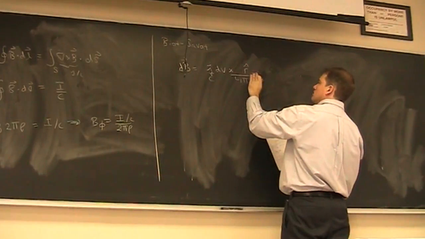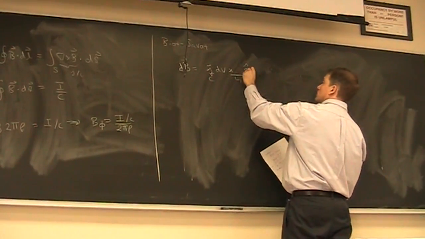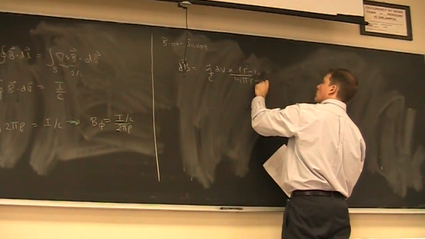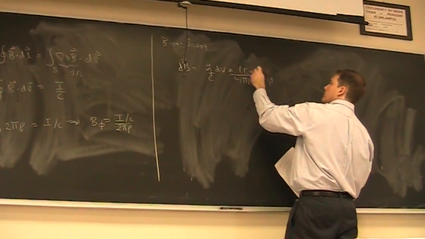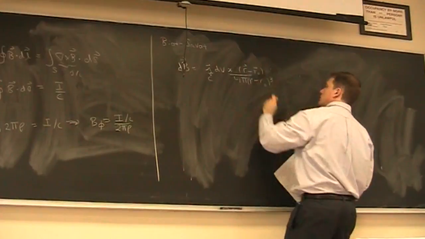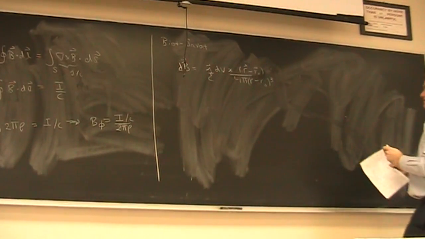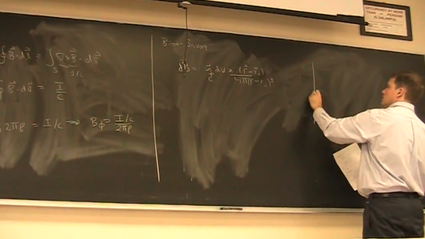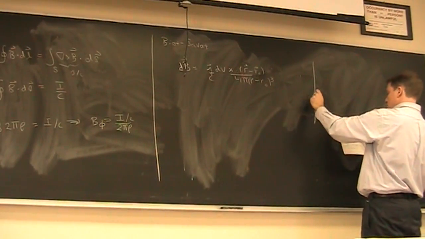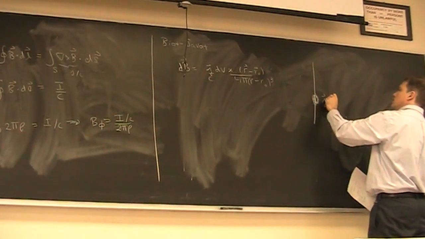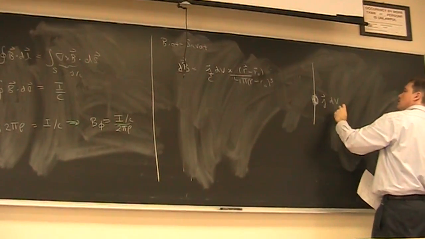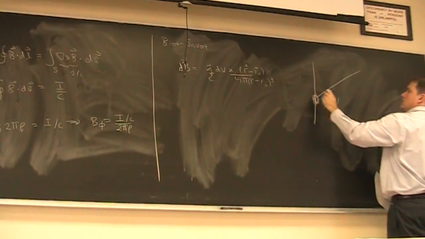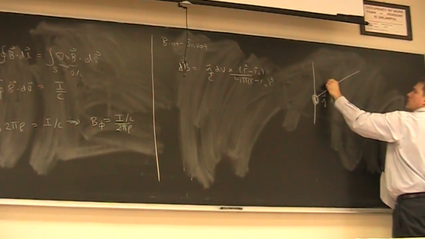The picture would be somehow like this. Let me draw my picture here. Here's J dV. That's a position, and this is R minus R naught.